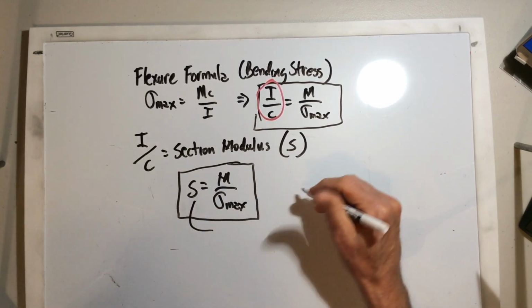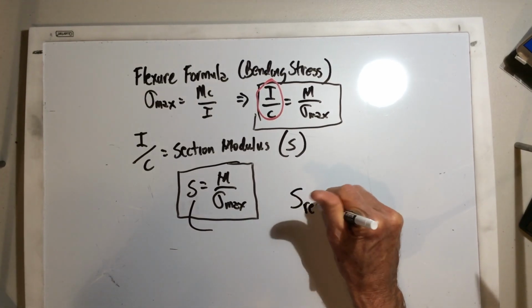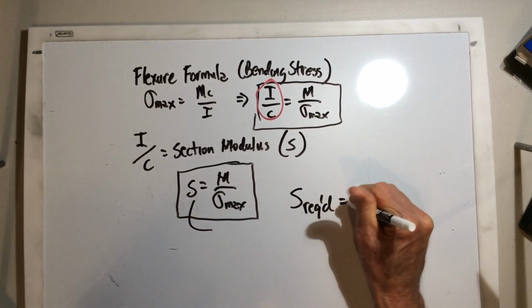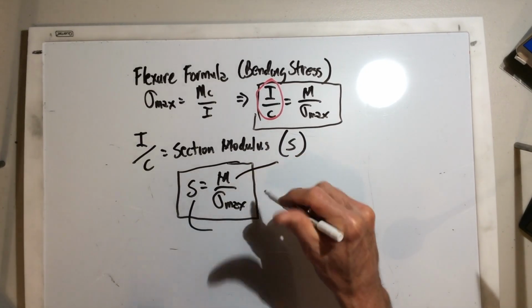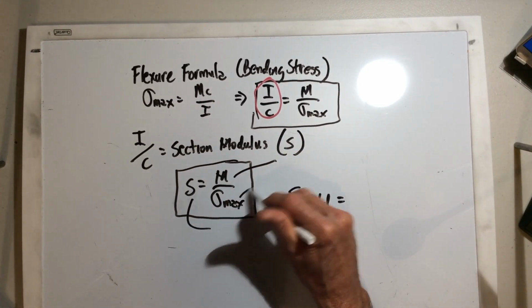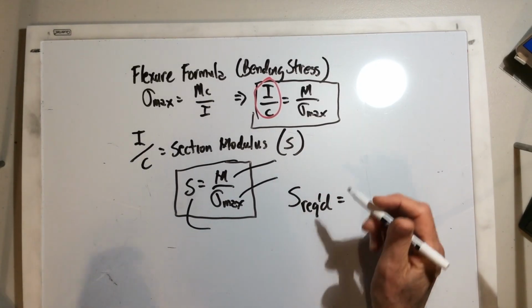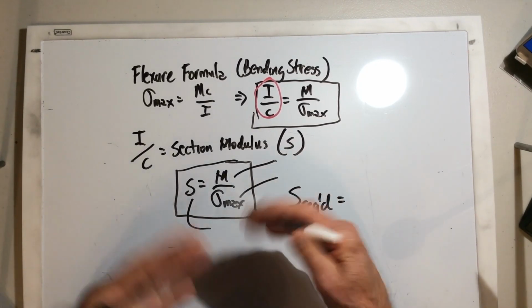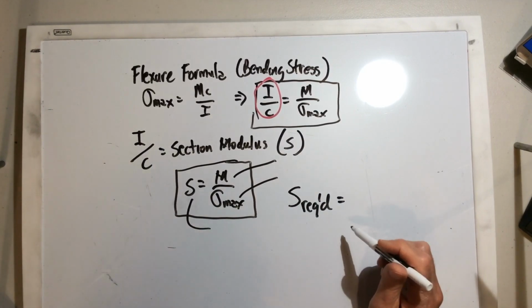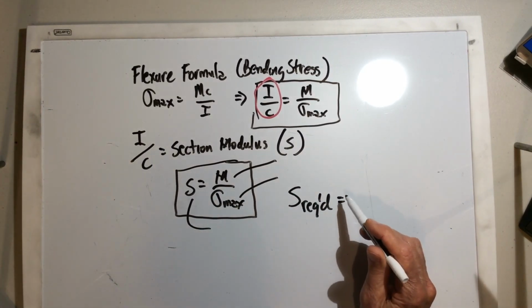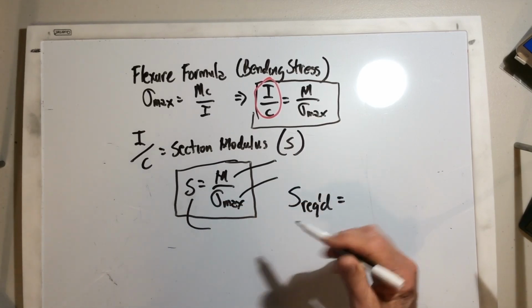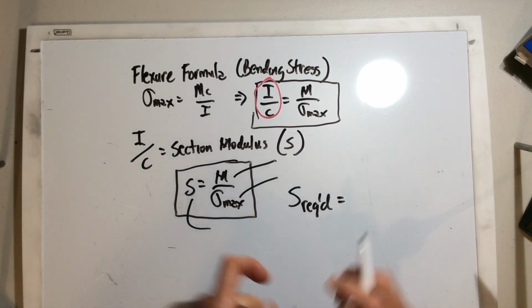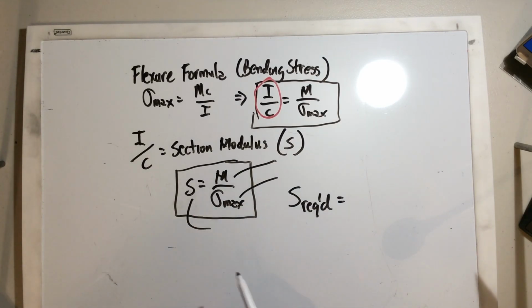Okay, and so basically what you'd be looking for is S required, and because you're going to know the maximum moment, you're going to know the maximum stress that component is going to be feeling based upon bending. Calculate that, and then you just go and find an S that would be either equal to or greater than this particular value.